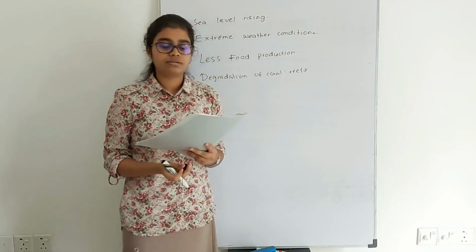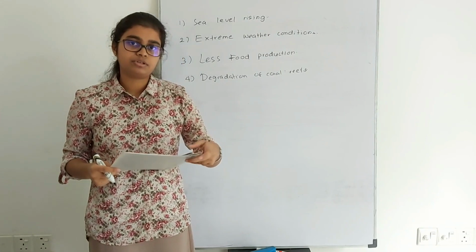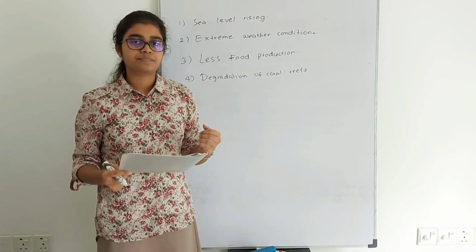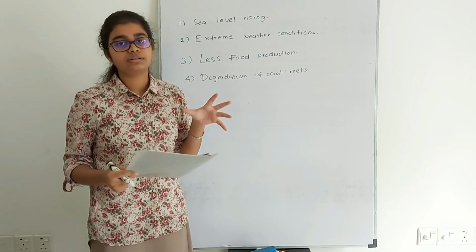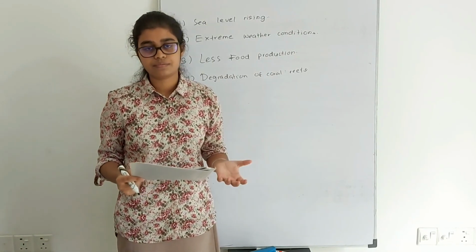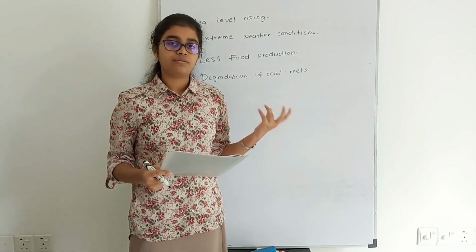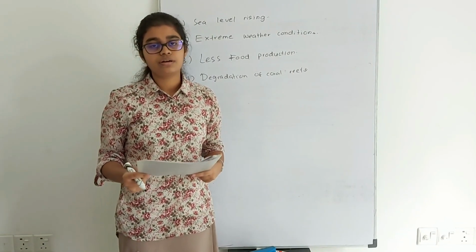Coral bleaching and degradation can occur because of global warming, and because of this, there are a lot of organisms that depend on these corals in oceans. So when these corals are destroyed, these organisms are facing a great danger.